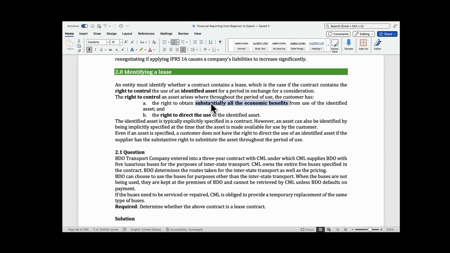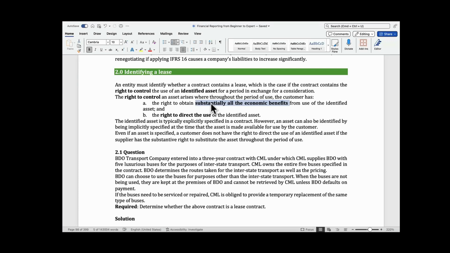The arrangement is such that the owner tells that person, yes, any day you need a bus, you can come and pick any one of them for the next 1 year. If that agreement goes on for 1 year, we cannot account for it as a lease because there is no identified asset.